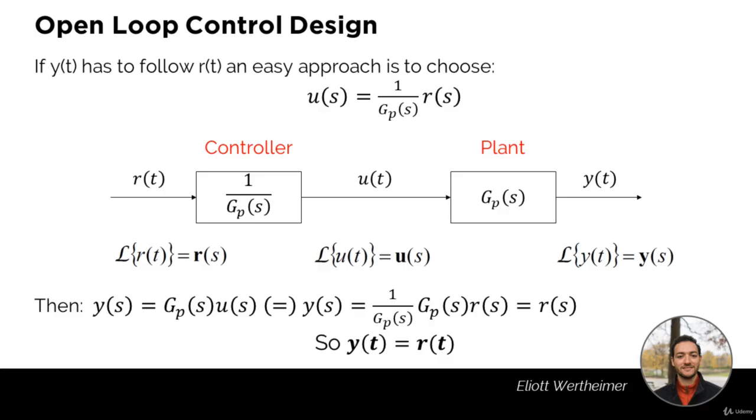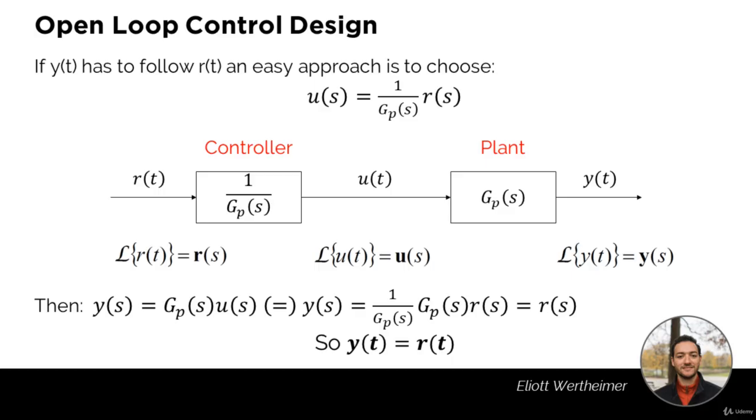So first of all, we take the Laplace transform. The Laplace transform of r(t) becomes R(s), the Laplace transform of u(t) becomes U(s), and finally the Laplace transform of y(t) becomes Y(s). Then you can write from this block diagram that Y(s) equals G_p(s) times U(s).